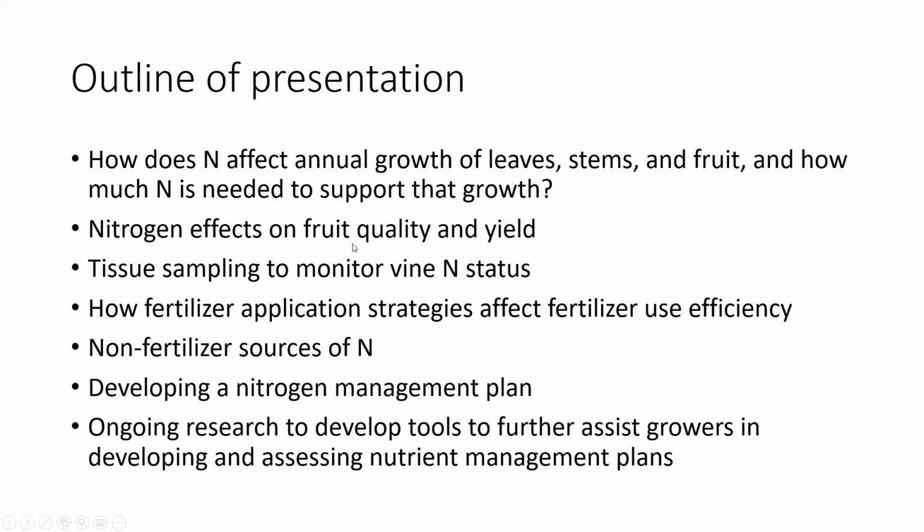I'll also talk about nitrogen effects on fruit quality and yield, tissue sampling to monitor vine N status, how fertilizer application strategies affect fertilizer use efficiency, briefly list some non-fertilizer sources of N that you should consider, and then touch on how this information can be used to develop a nitrogen management plan. And then I also want to mention some ongoing research that we're doing to develop tools to further assist growers in developing and assessing nutrient management plans.